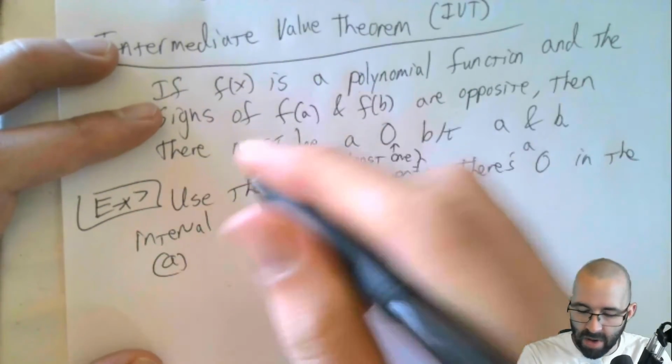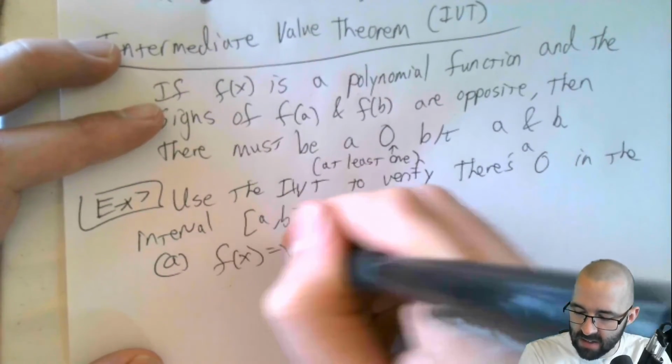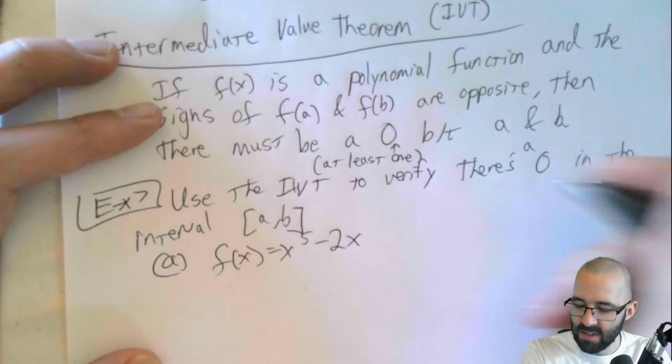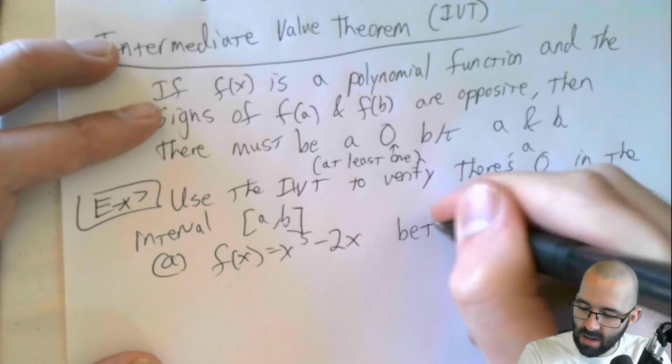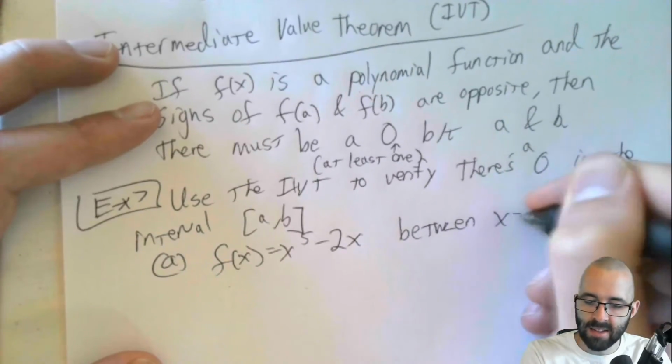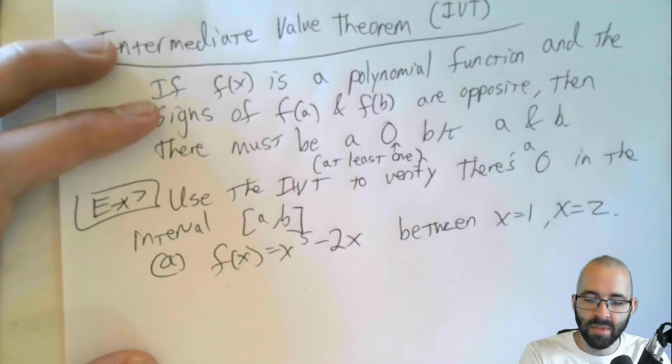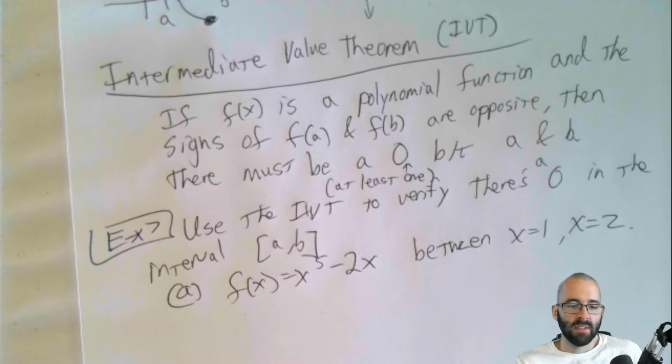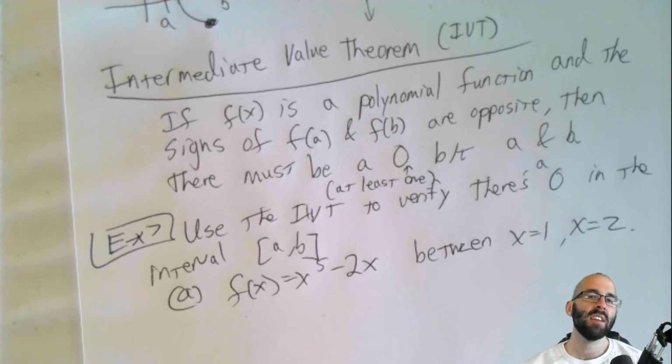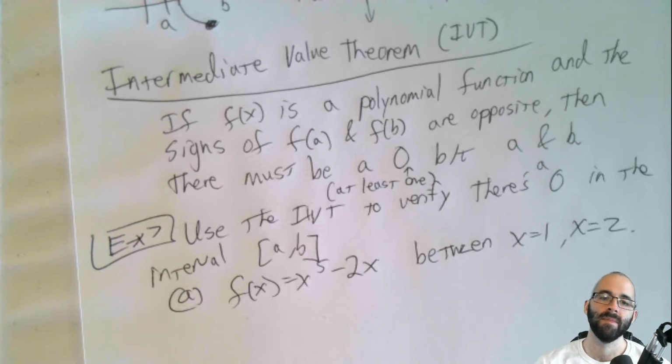So, part A, I'll give you a function, f of x equal to x to the 5th minus 2x between x equal to 1 and x equal to 2. We are going to prove that we must cross the x-axis between 1 and 2 using this theorem.